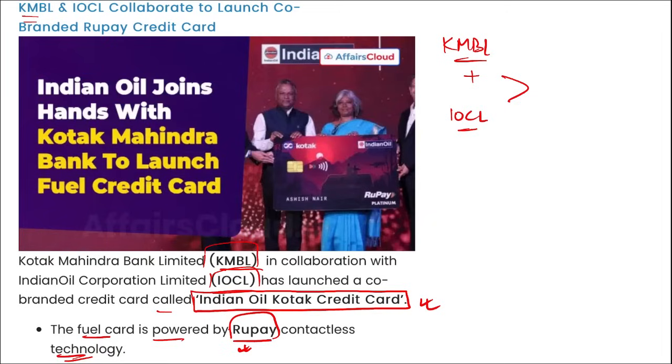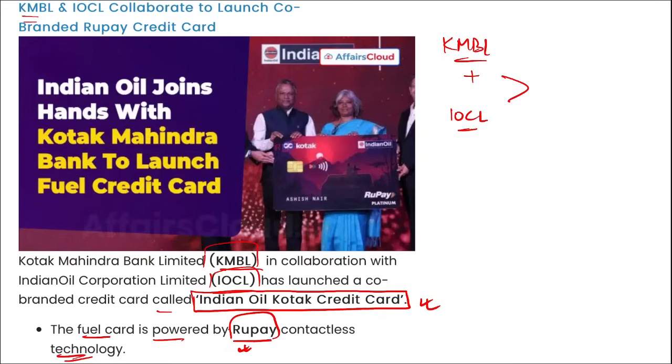Correct? This fuel credit card is specially designed to benefit customers when used at fuel pump stations. With this card, you can purchase fuel, petrol, diesel, etc., or other fuels at participating fuel stations, such as CNG also. Right?